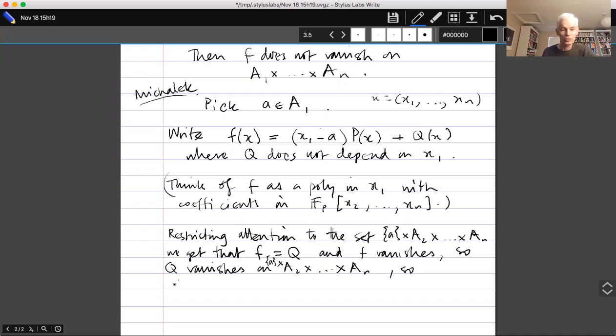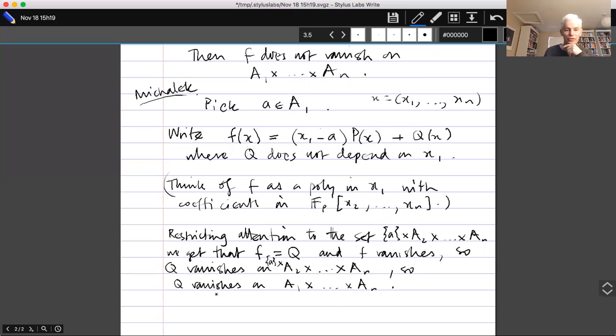So that means that q vanishes everywhere on A1 cross up to An. That last conclusion was because it vanishes on one slice of A1 up to An and doesn't depend on the first variable, therefore it vanishes on the whole thing. It just means it takes the value 0 everywhere here.